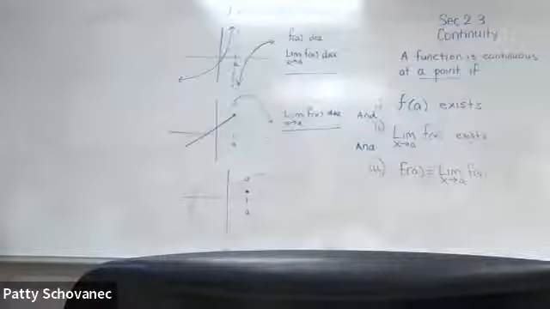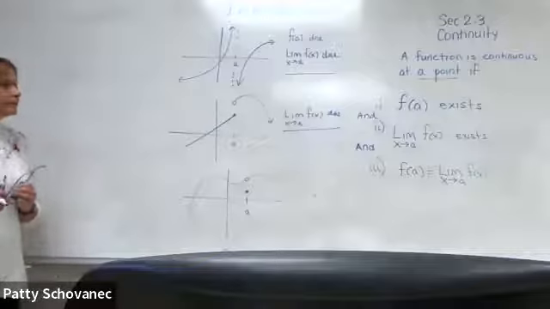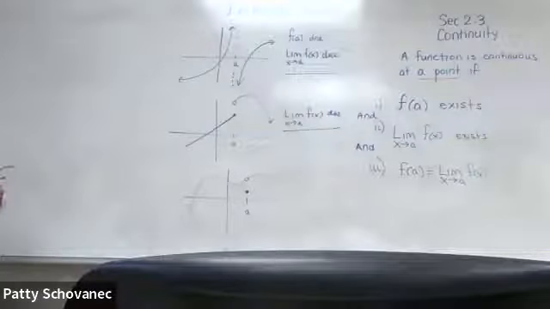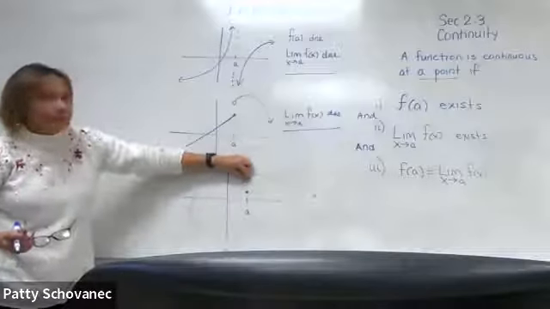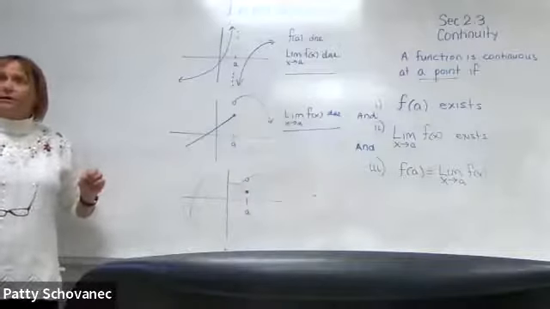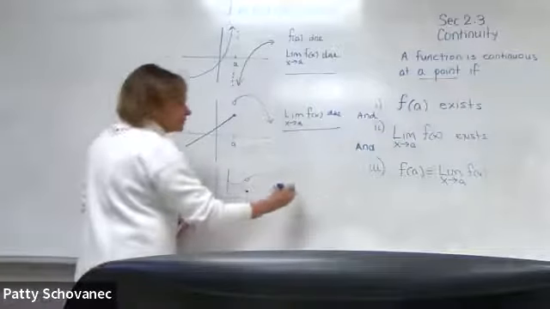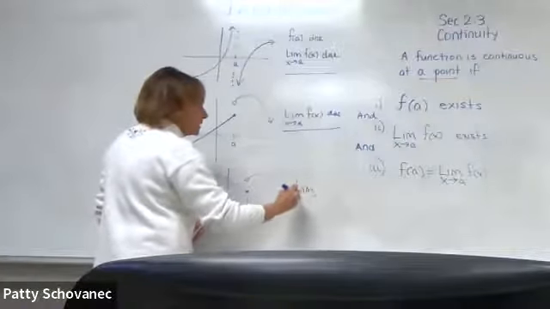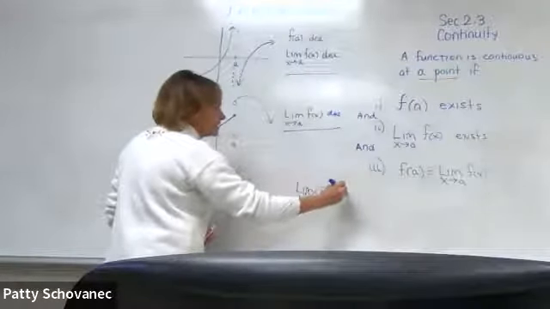All right, which of the conditions are violated in the last picture? Which one? Number 2? I've got a limit. There's just a hole missing. I get a limit right there. The third one, the limit and the function value are two different things. So this one, the limit as x goes to a of f of x is not equal to f of a.